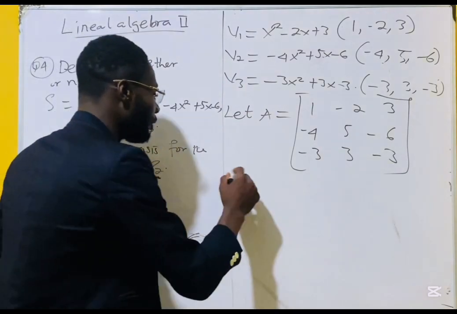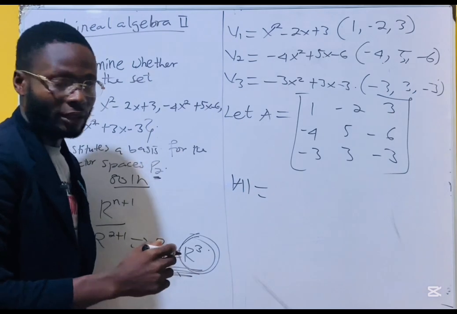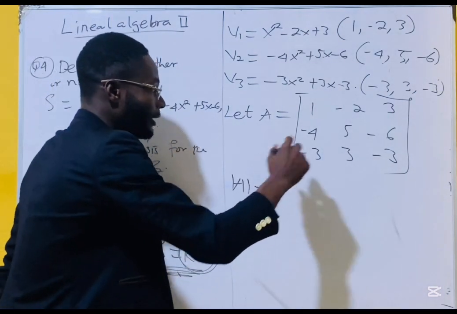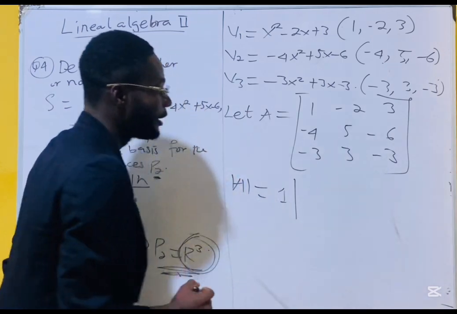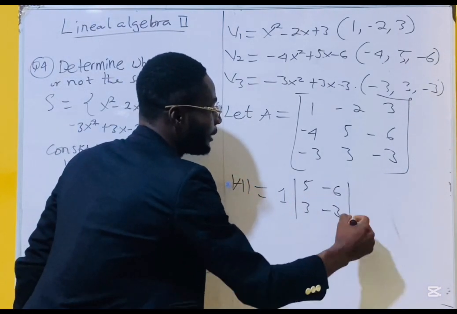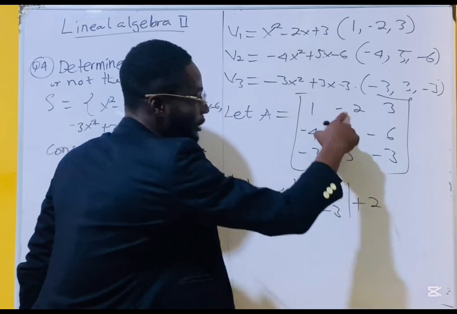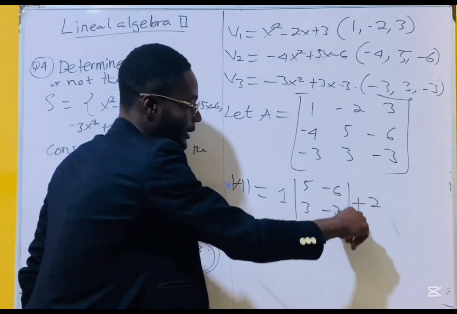So here we find the determinant of A. We are using rule 1 as our operation rule, so we're going to have 1 into 5, 3, next 6, next 3, plus 2, because there is a negative affecting the second part, so it's going to be plus.